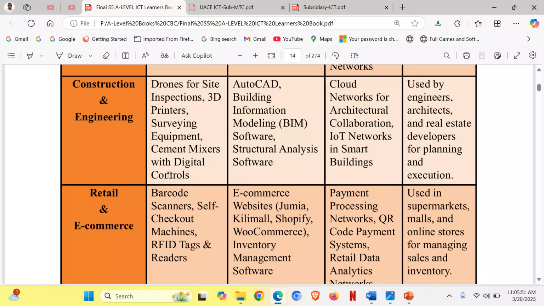We have AutoCAD, building information modeling, that is BIM software, then structural analysis software. How about network ICT tools? We have cloud networks for architecture collaboration. We have Internet of Things, IoT networks in smart buildings. These are basically used by engineers, architects, and real estate developers for planning and execution.